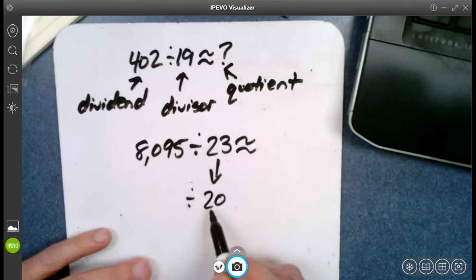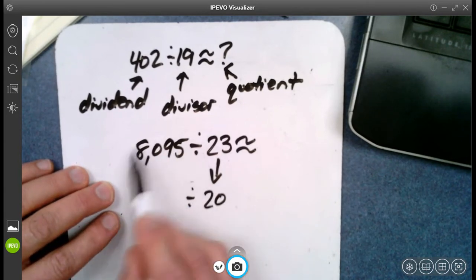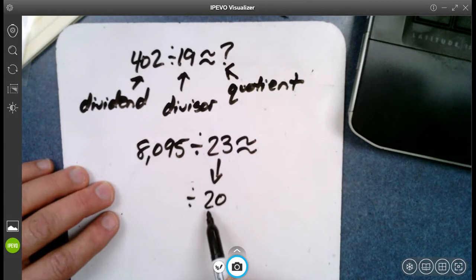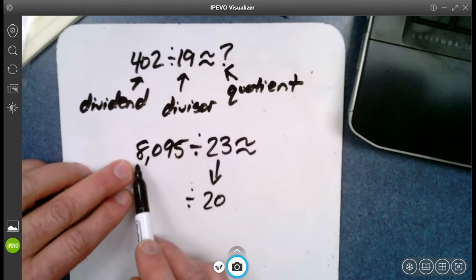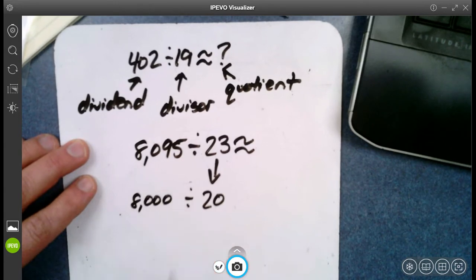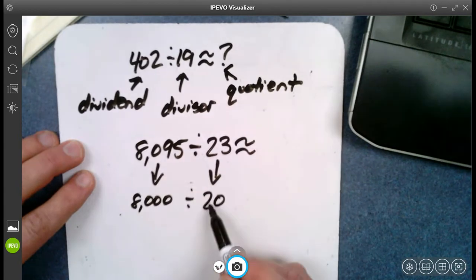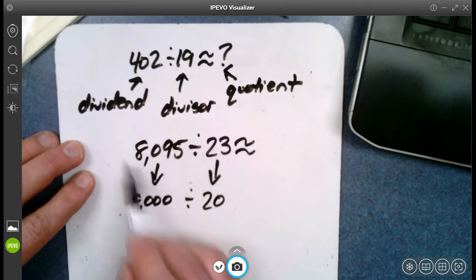Now I need to think of a basic math fact. 20 times what might get me close to 8,000? Well, I think 2, and I see an 8. So I could actually just change this one right to 8,000. Okay, I'm going to change it to 8,000. Again, 2 times what can get me something here.